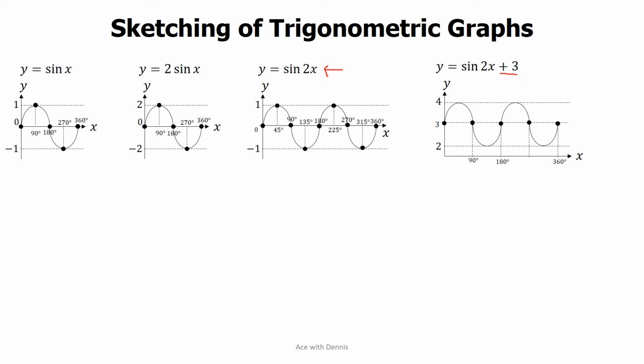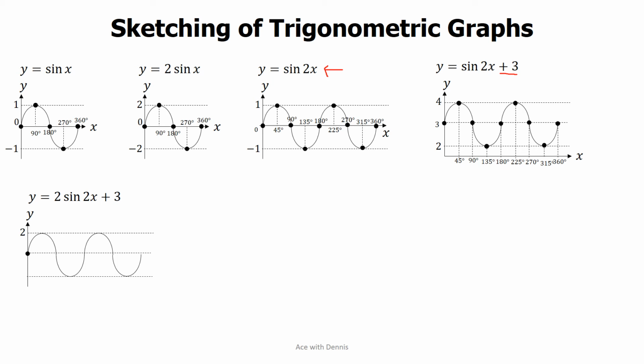Then the next thing we need to do is draw the x-axis and label it. The end of this graph is at 360 degrees. Between 0 to 360 will be 180 degrees. Between 0 to 180 degrees will be 90 degrees. Between 180 degrees to 360 degrees, it will be 270 degrees.